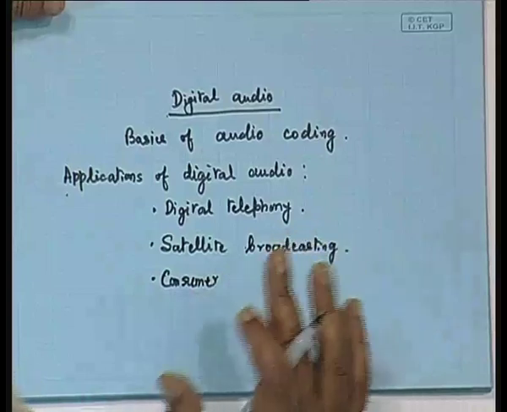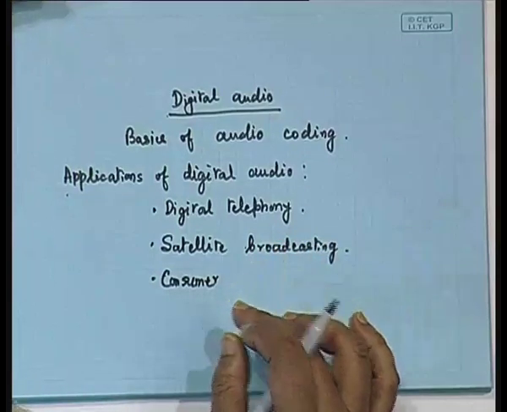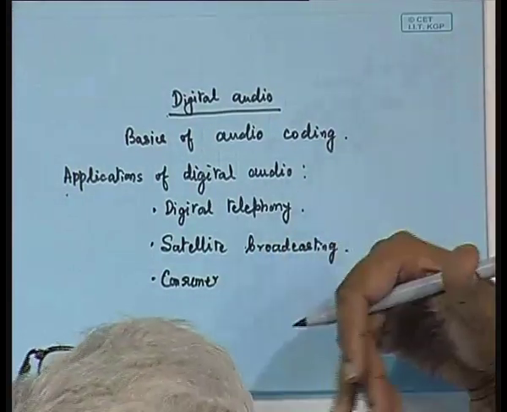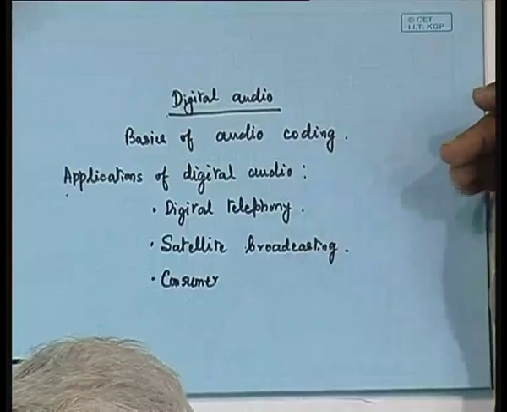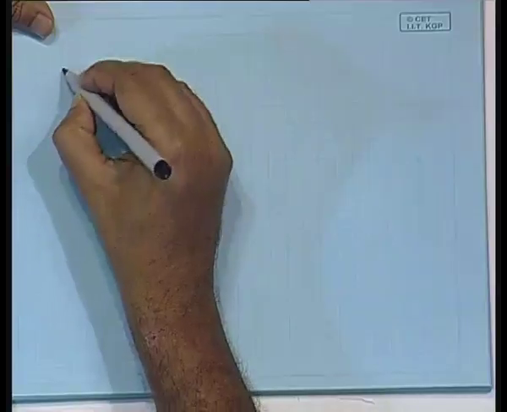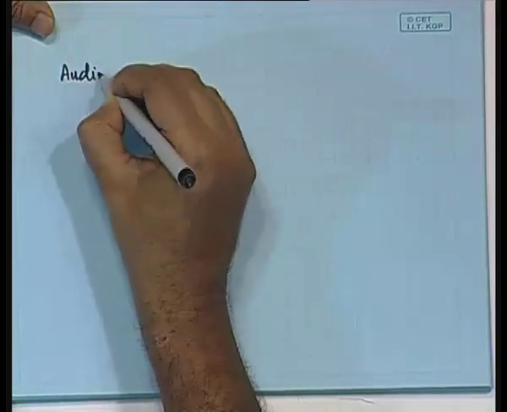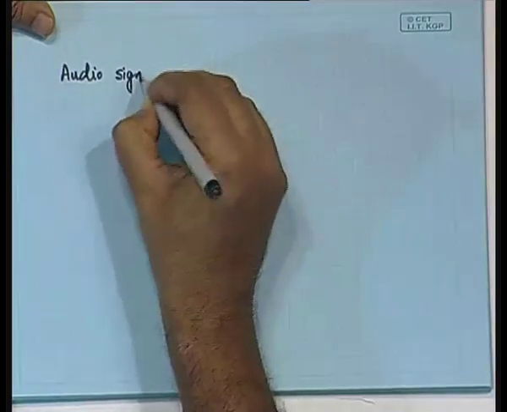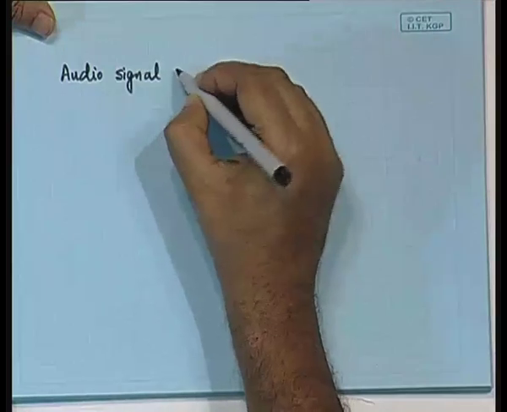So, these are some of the application domains, and looking at the different applications of digital audio, one can have a few distinct classes of audio signals. If we have to talk about the audio signal classes, we can mention these few points.